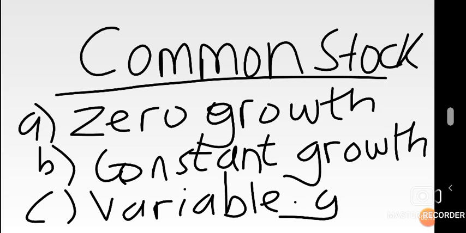As I'll be explaining in each type of common stock, they'll give you the conditions on how you'll be receiving payment, if it will just be fixed throughout or it will change depending on the level of income that the company has. But most of the time, common stockholders, when the company has more, they get more. If they have losses, they also lose out. So let's start with zero growth. Under zero growth, these are the things you need to take note of.